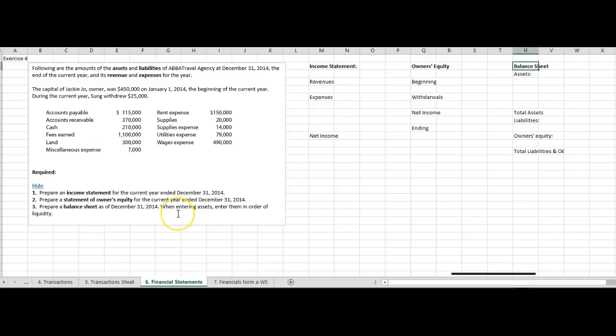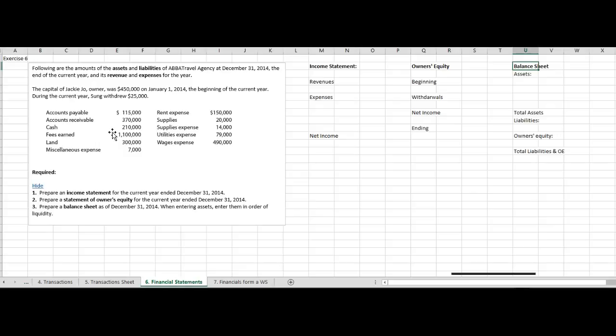And the first, when you're at the end of the period, the very first statement that you need to do would be your income statement. So you're going to pull off, here we've got fees earned of $1,100,000. And we have, let me find that so I don't make a really major mistake on all of this.